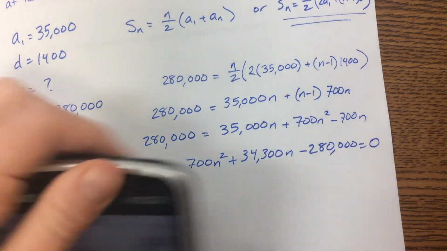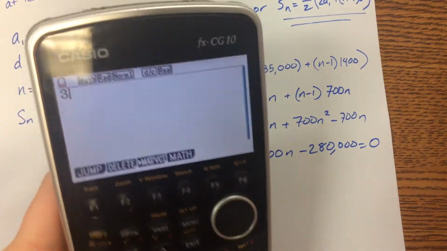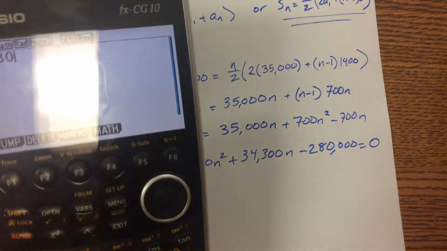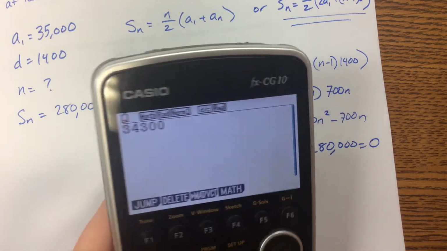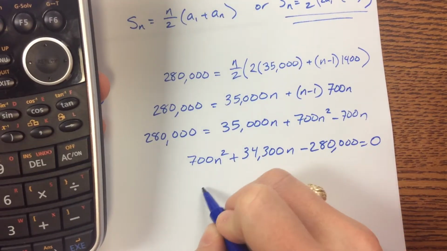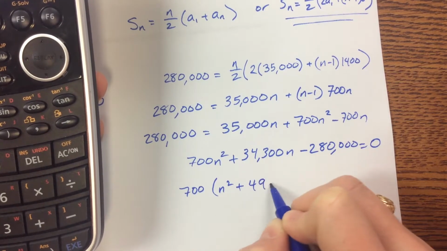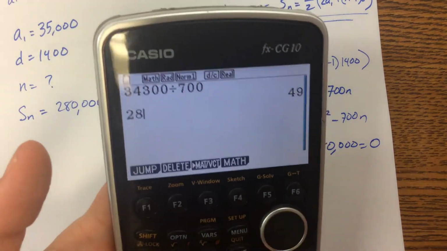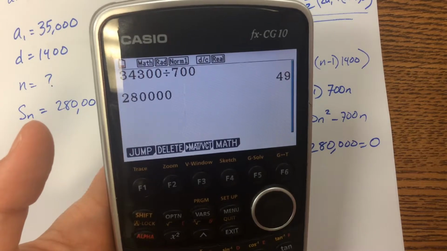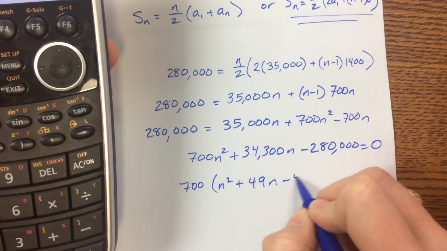Okay, not gonna lie, this is kind of gross, but I'm gonna grab my calculator, and I can factor out 34,300 divided by 700. That's 49. And then 280,000, right, divided by 700 is minus 400.